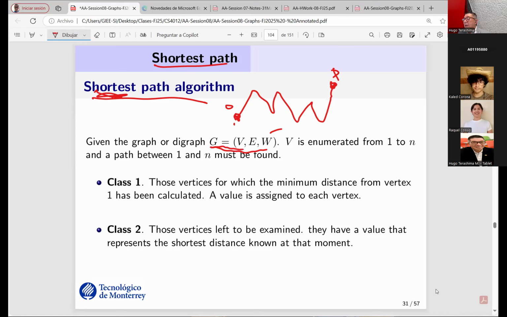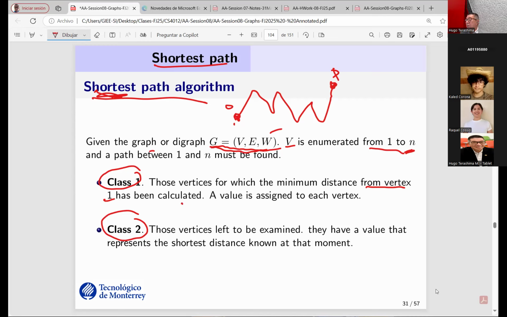So let us suppose we have a graph with a set of vertices V, and we are going to enumerate all the nodes from 1 to n, right? So we have n vertices actually here. And then we're going to have two classes. The first one is the vertices for which the minimum distance from the vertex 1 has been calculated.